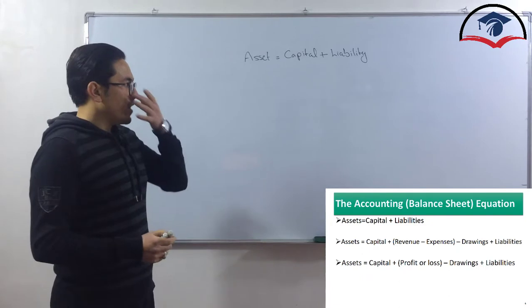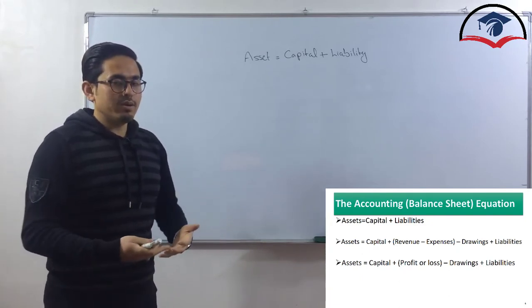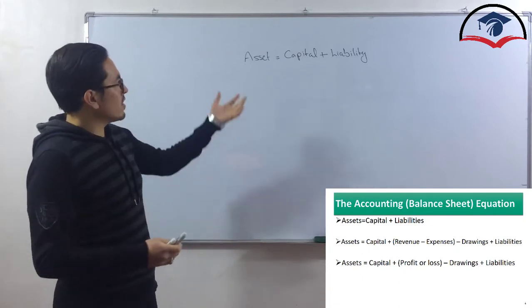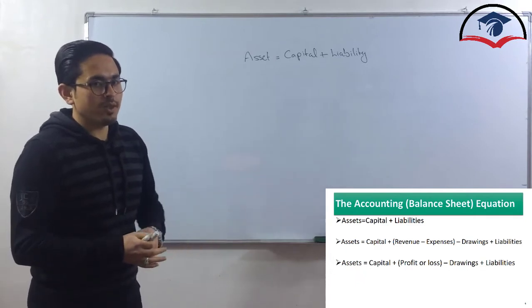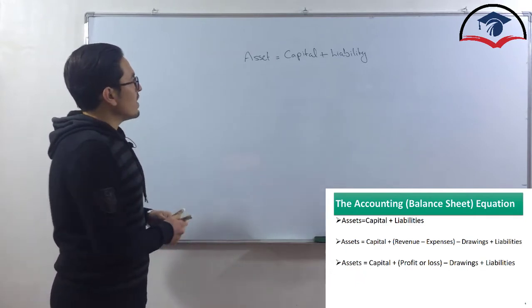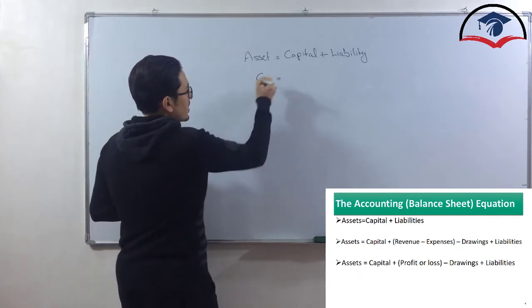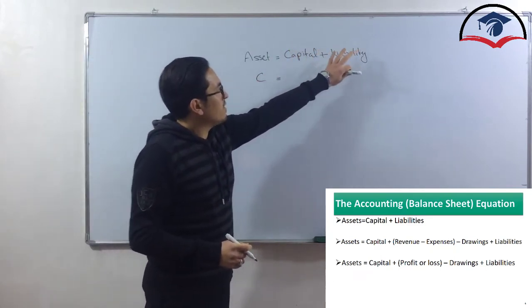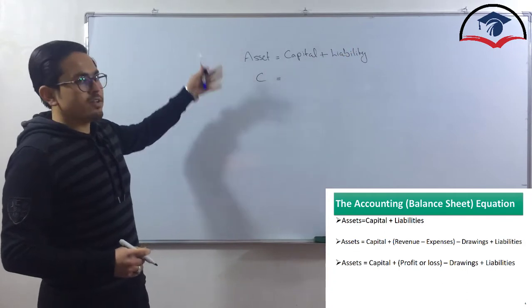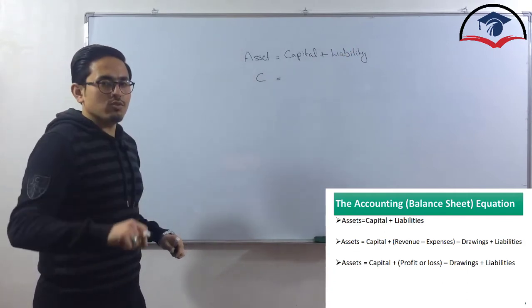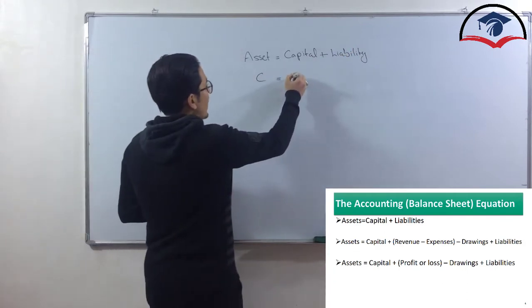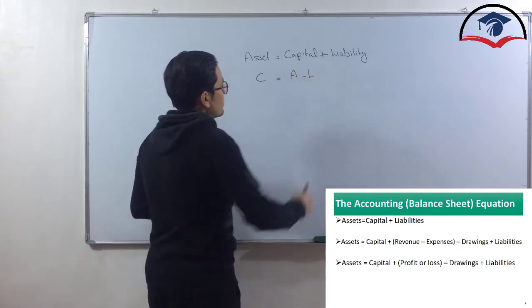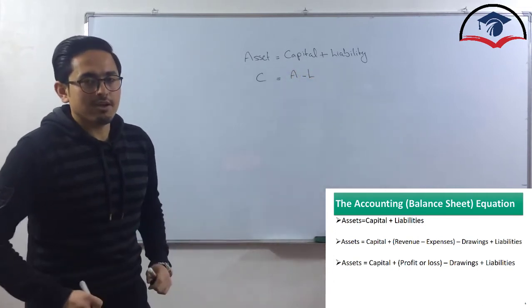But of course, at advanced level or in most certifications, there will be a rearrangement of this formula. Suppose you would like to find out what the capital is. Capital stays here, and the liability is transferred there, with the positive sign changing to negative. So assets minus liability equals the capital of the business.